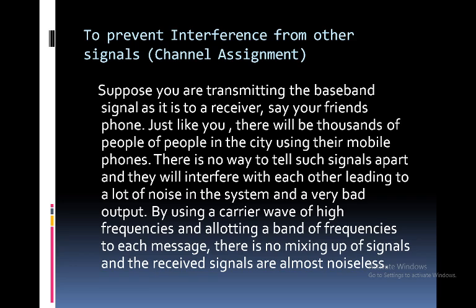If you want to set up, say, a radio station or a TV station, you'll be given a particular band of frequency on which you modulate your signal. By doing this, interference from signals other than your own is minimized to a very considerable level.